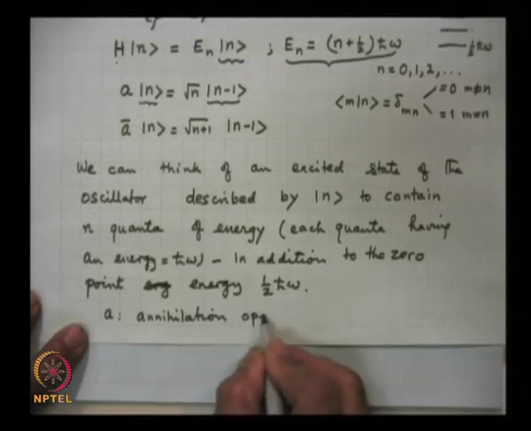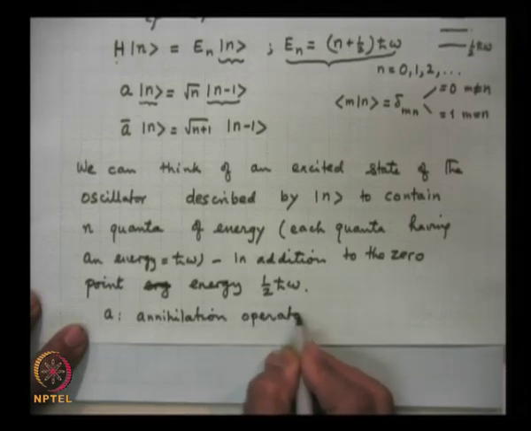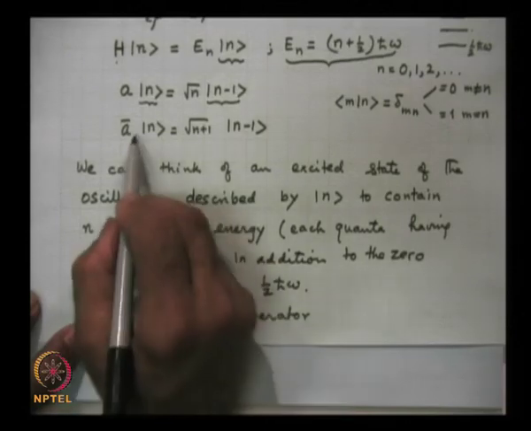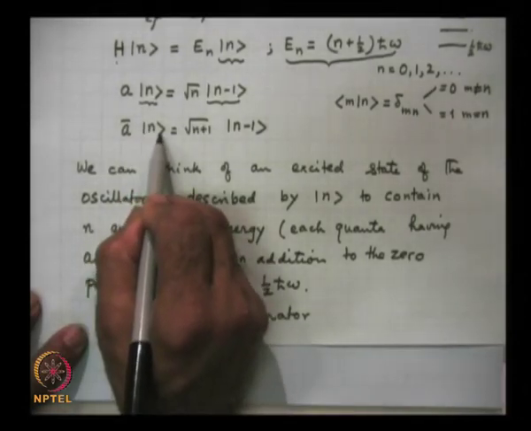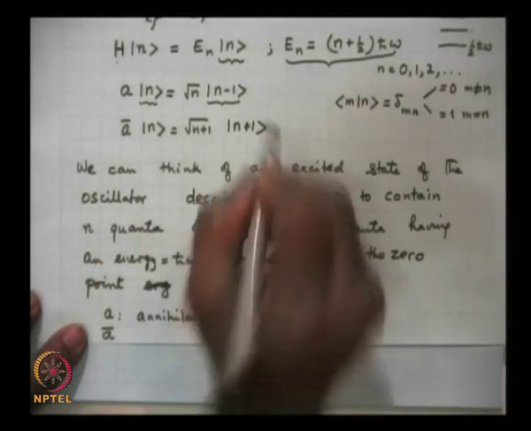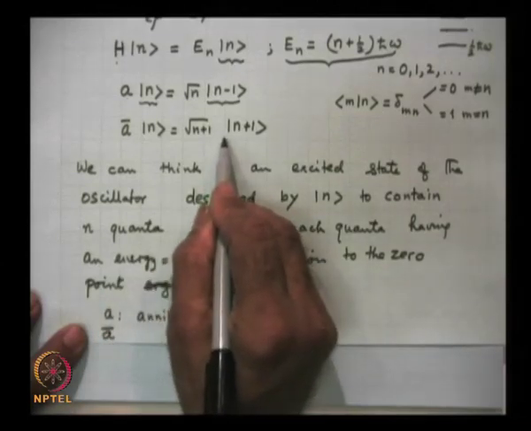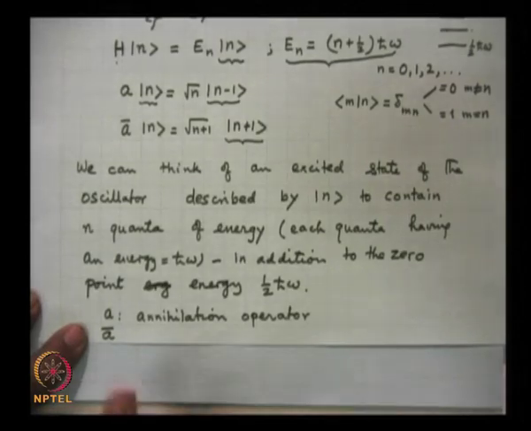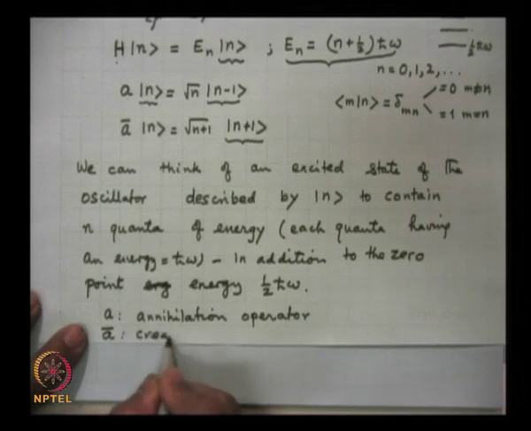And similarly, A bar when operating on a state n goes to the state n plus 1. So, it creates a quantum. So, this is known as the creation operator.